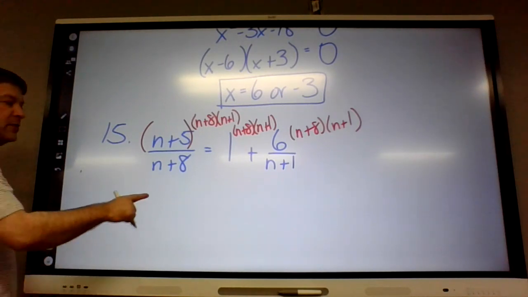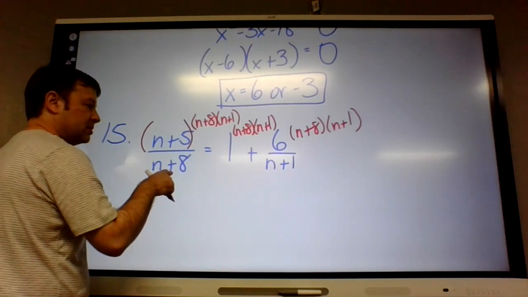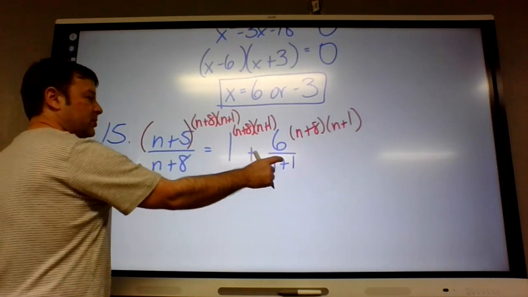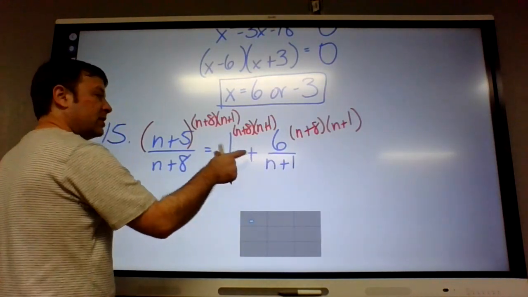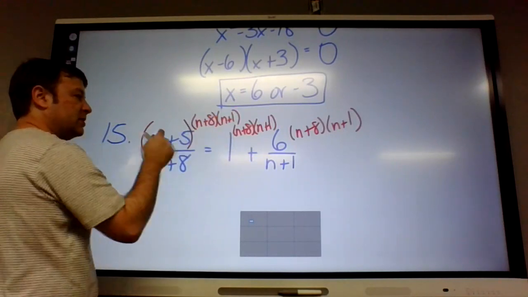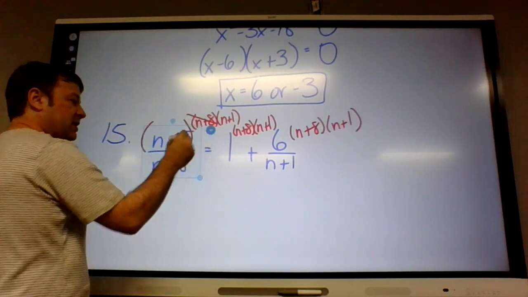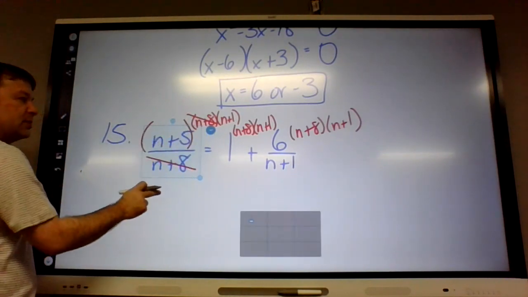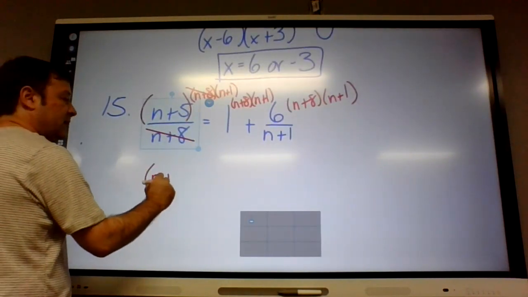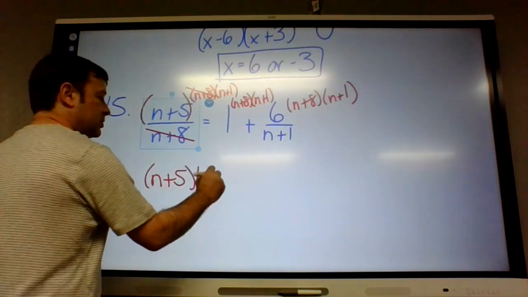So in the first term, n plus 8 and n plus 1 are just two totally different numbers. I don't know what they are, they're just two different things. So you just need to multiply by both of them. In the first term, the n plus 8s will cancel out, so we'll have n plus 5 times n plus 1.